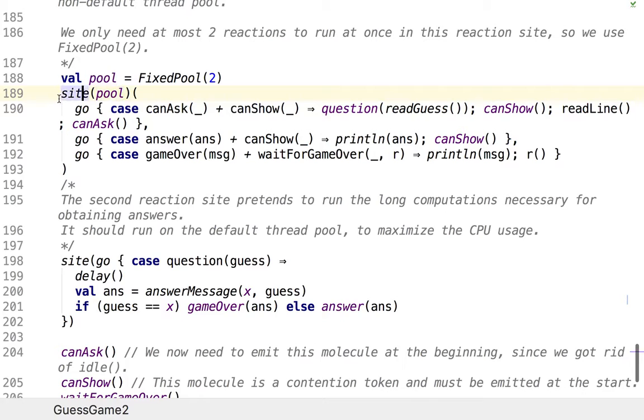In this syntax, I declare that this reaction site should use this custom pool, which is declared as a fixed pool with 2 threads. So fixed means that there's always 2 threads in it.